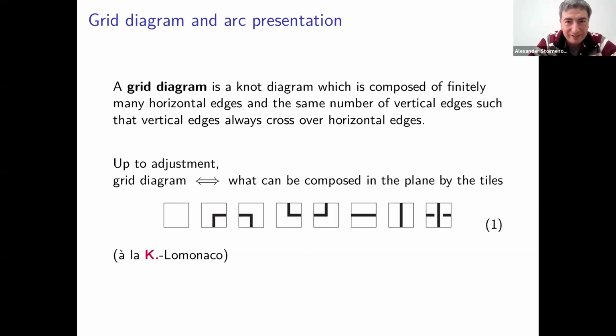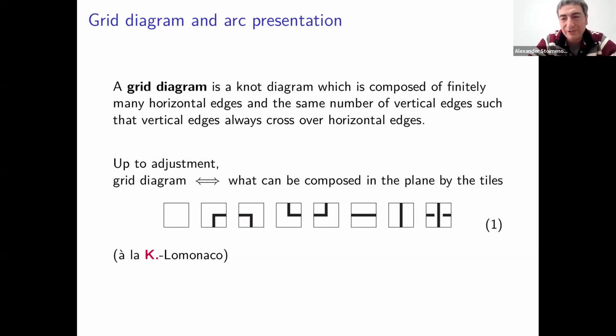So a way to formalize grid diagrams is also, you can say a grid diagram is something that you can build up in the plane in a style of like Kauffman or Monaco using this style. So you have these rectangular angles, you have the strands up and down, and the important restriction is that at crossings, always the upper strand is the one which is the vertical one.